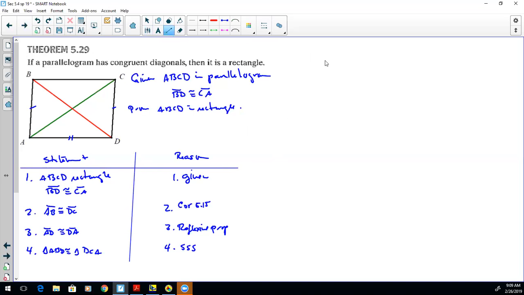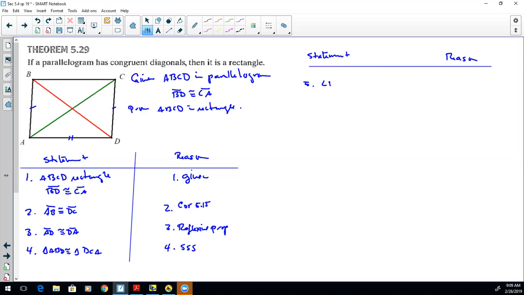Let's do some more statement and reason type of stuff up here. Now we're down to step 5. On step 5, we have the angle BAD is congruent to angle CDA.